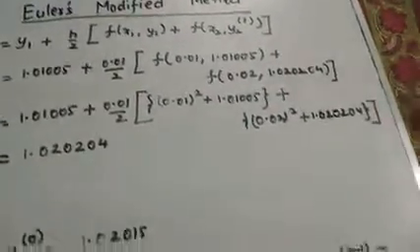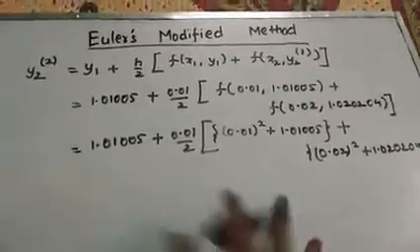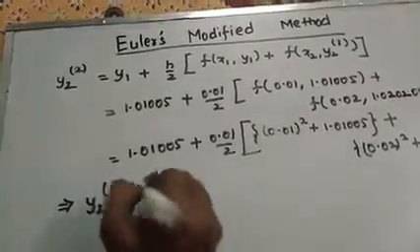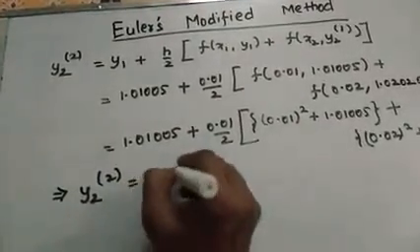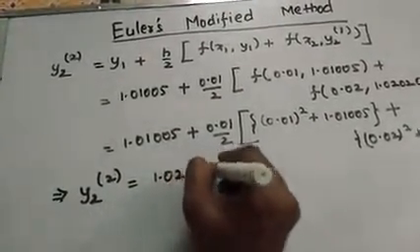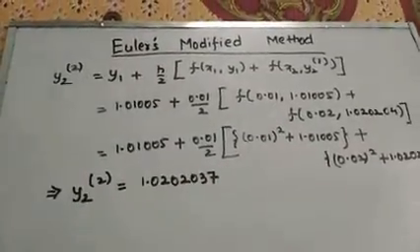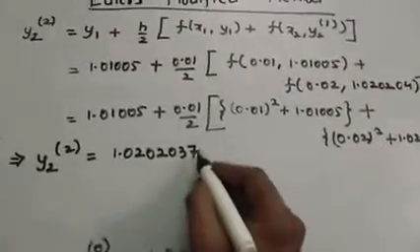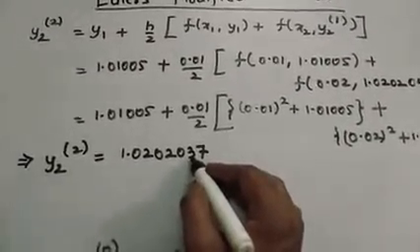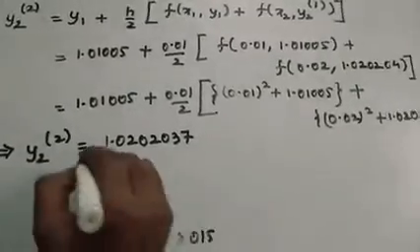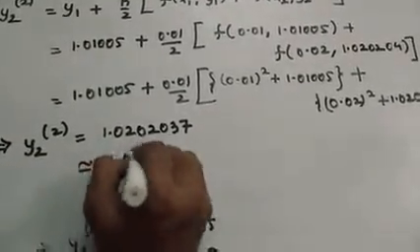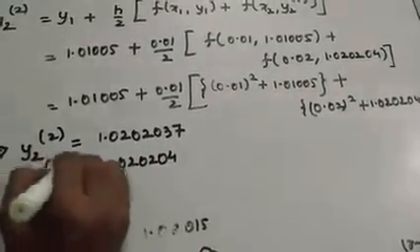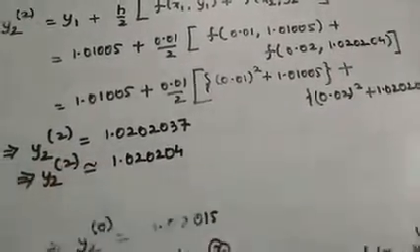After solving this you will get y2 at the second modification stage as 1.0202037. If we approximate this, since 7 is greater than 5, it becomes 1.020204. You can write this as y2 at the second modification stage.